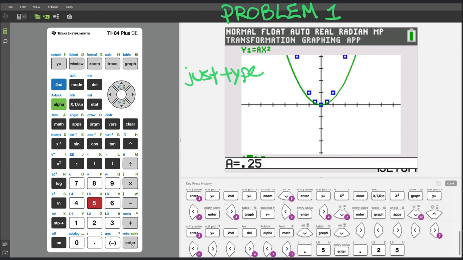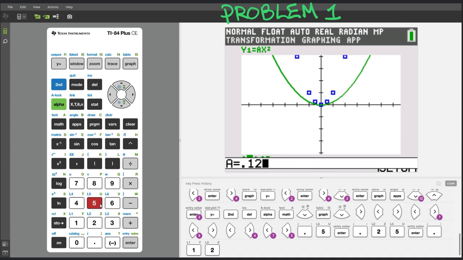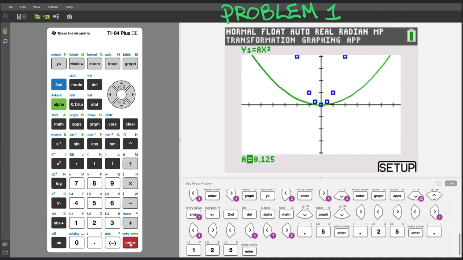All I did was start typing, because a is the only thing that you can change on the screen. 0.125. So the smaller a is in terms of a fraction, the wider the graph gets. Kind of cool. If you were to do this by hand, it would take forever. You'd keep sketching curves and plotting points, and it would be pretty challenging.